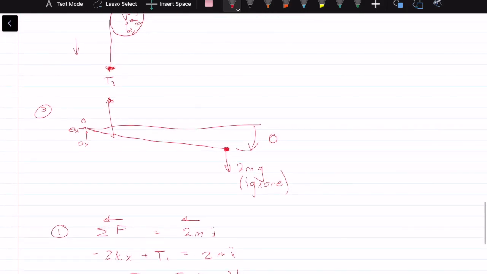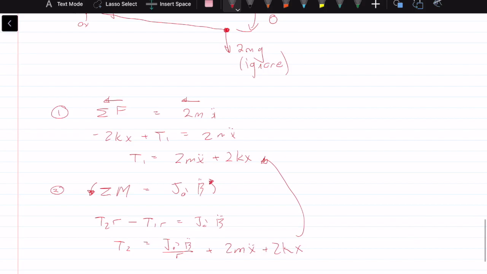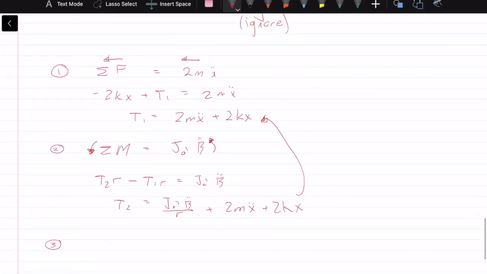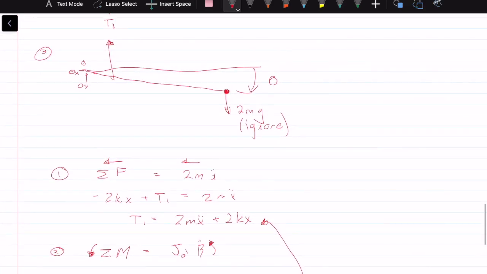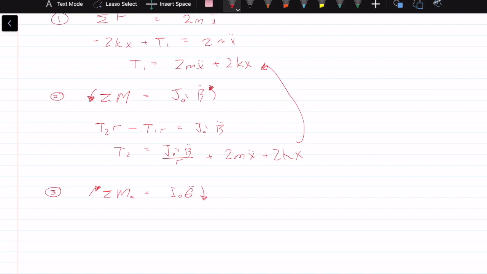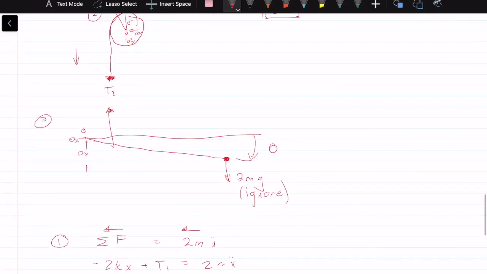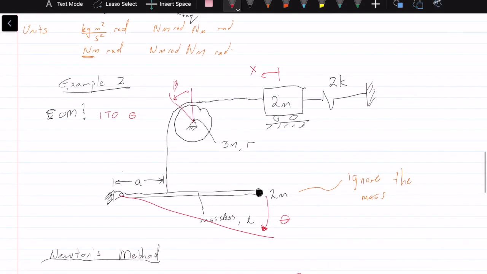Now we need to work on system 3. For the third system, we take the sum of the moments about O equals IO theta double dot, and the system is rotating clockwise this time. The only thing that we have is T2, in the negative direction, so minus T2A, because that distance is A according to our diagram.